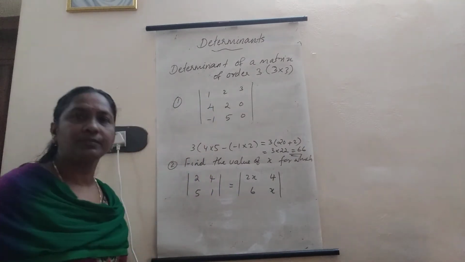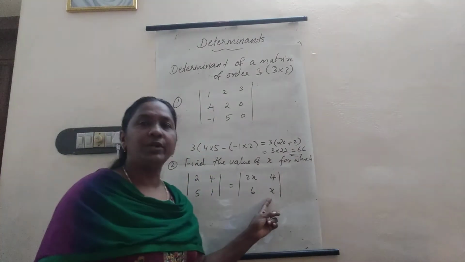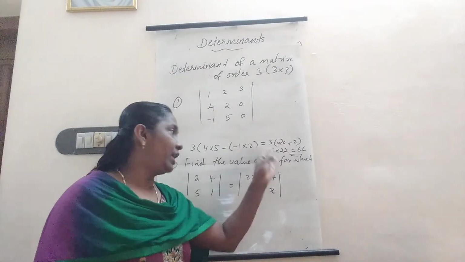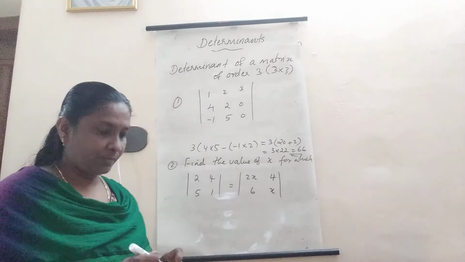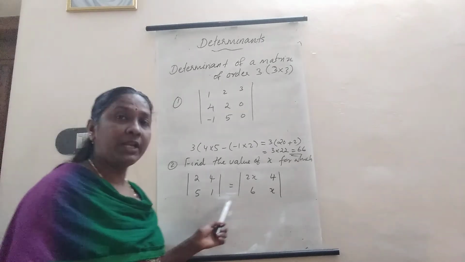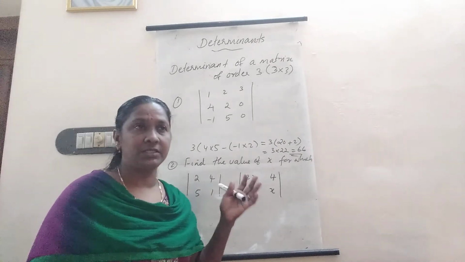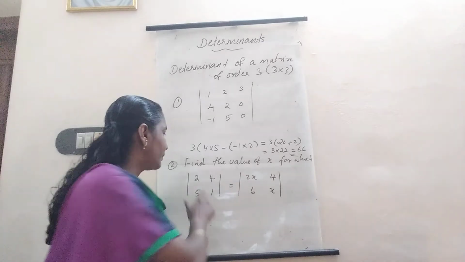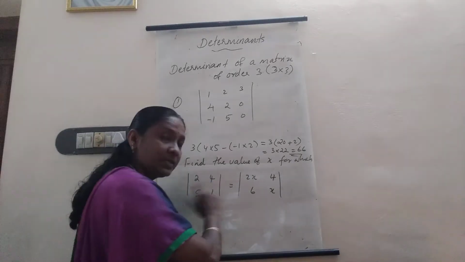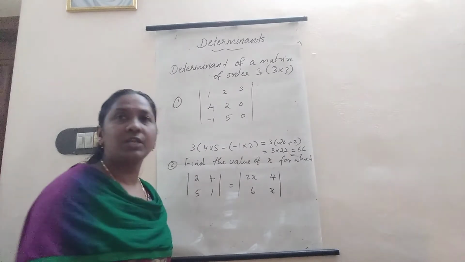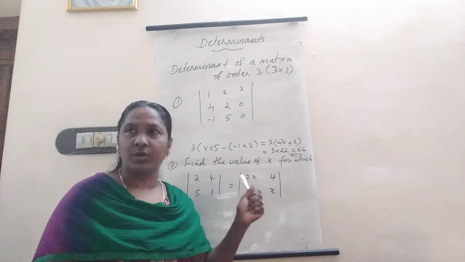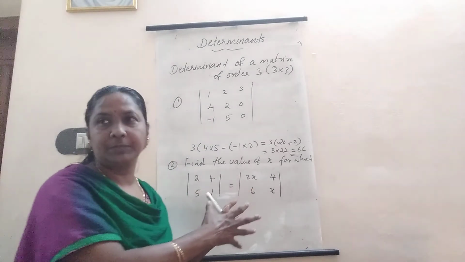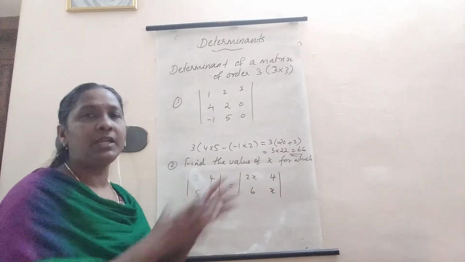Here, given that the two determinants are equal, we have to find the value of x. How? Don't get confused, because in the previous chapter you learned that for two matrices to be equal, the corresponding elements are equal. Here it is not so; these are determinants, corresponding elements are not equal. We have to expand and find the value of the determinant, then equate.